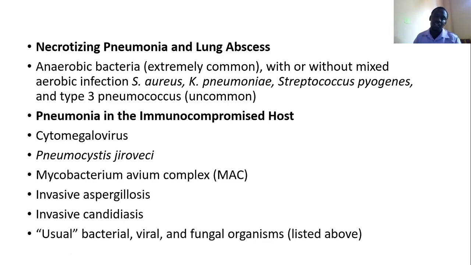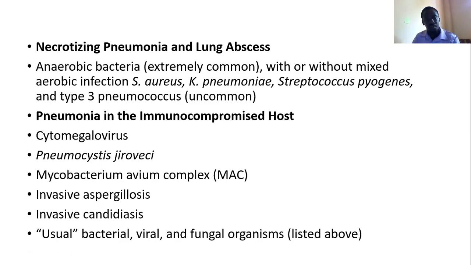Necrotizing pneumonia and lung abscesses: we basically have anaerobic bacteria, which are extremely common, with or without aerobic infection. And under that, you may get Staph aureus, Klebsiella pneumoniae, Streptococcus pyogenes, and type 3 pneumococcus, which is uncommon.